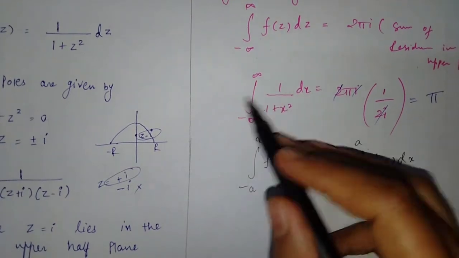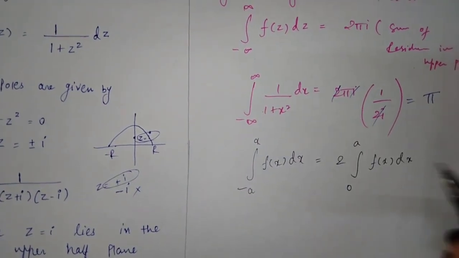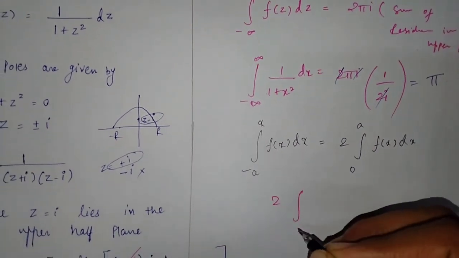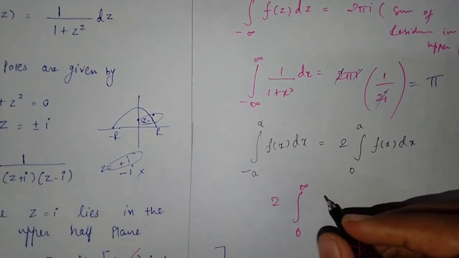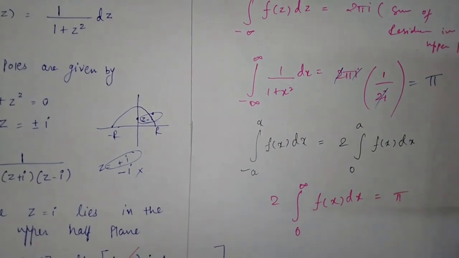In order to convert this into the 0 to infinity form, we will apply this formula. So we will get 2 into the integral from 0 to infinity of f(x) dx equal to pi.